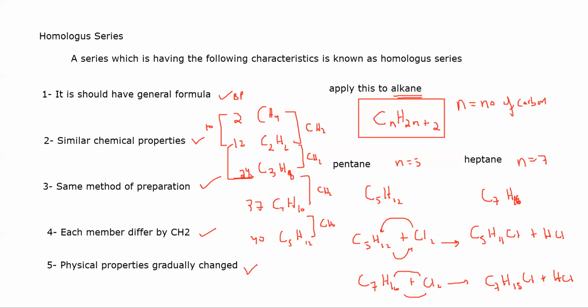So as you studied alkanes, alkenes, alcohols, and carboxylic acids, all of these refer to homologous series. Why is it so? I will write the general formula for each. Chemical properties and all this we already discussed.